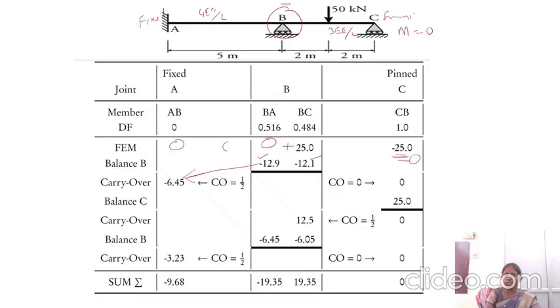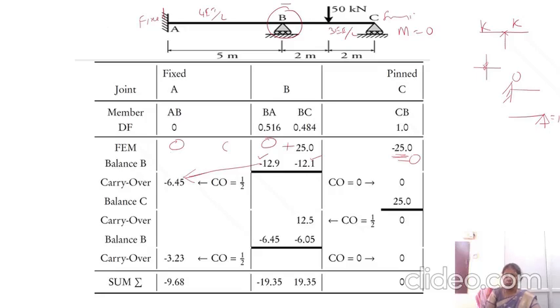And the distribution factor for the joint B, comprising two members, we are calculating with the stiffness value, and the distribution factor for the fixed end support is 0, and the distribution factor for the simply supported condition is equal to 1.